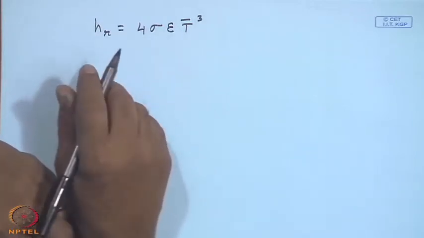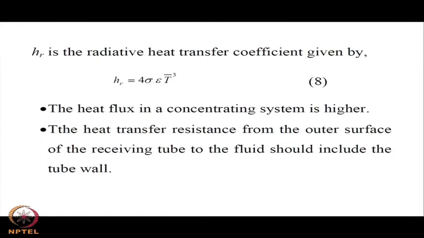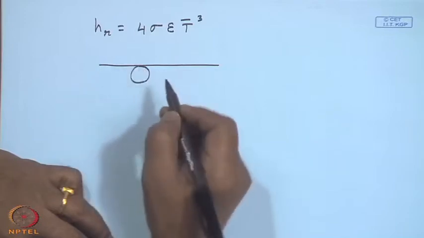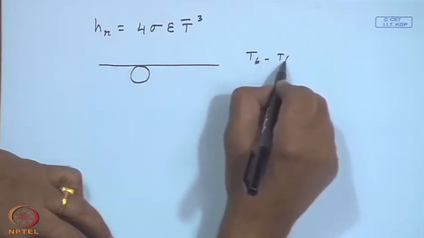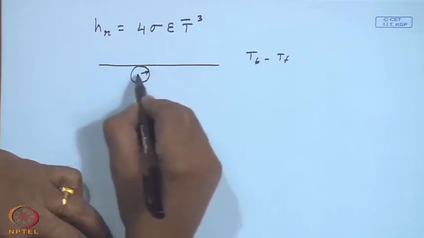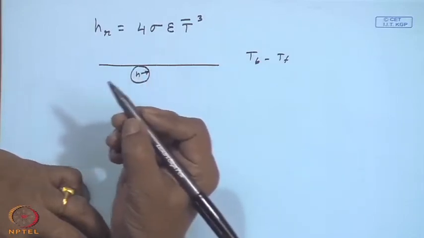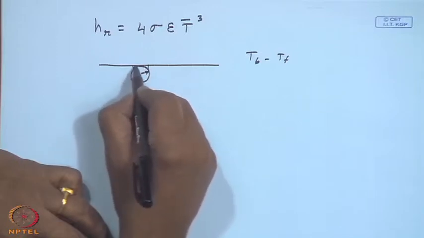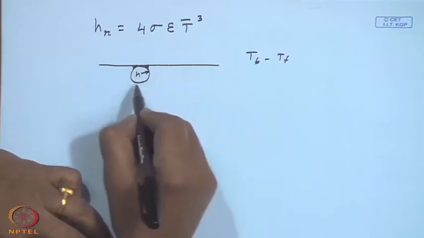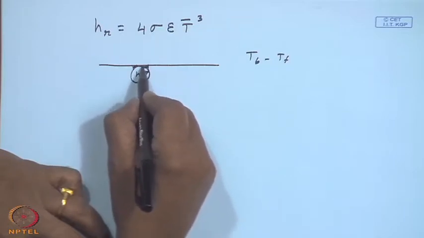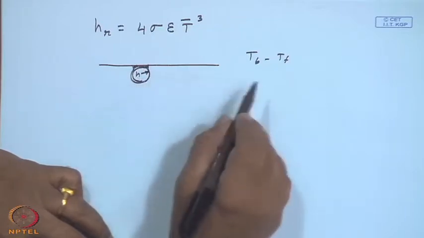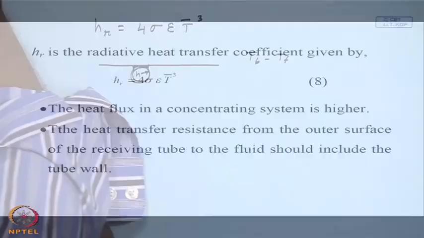The heat flux in a concentrating system is higher, so the heat transfer resistance from the outer surface of the receiving tube to the fluid should include the tube wall. If you recall, in our flat plate analysis, T b minus T f has been expressed only in terms of heat transfer resistance inside, and the bond conductance or the resistance due to bond here, but the thermal conductivity of the material of the pipe has not been included, resistance due to the material has not been included.